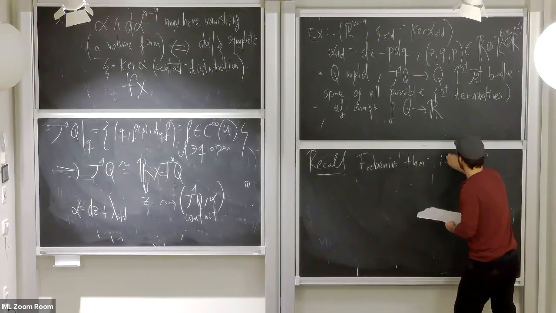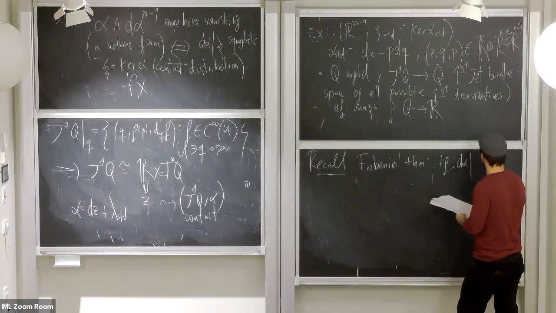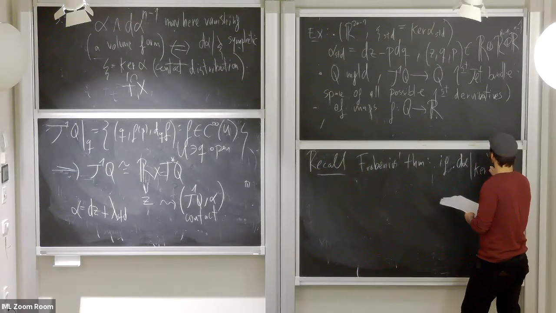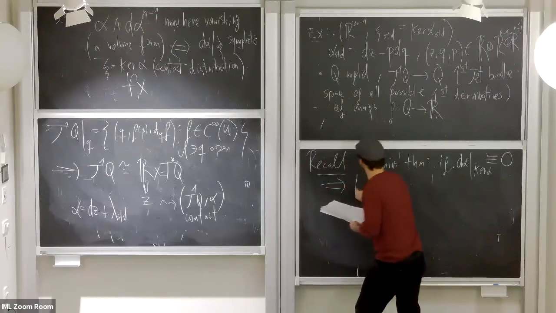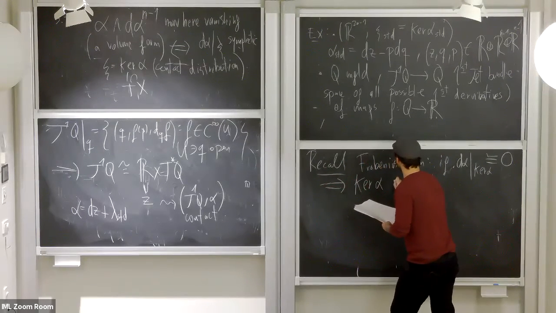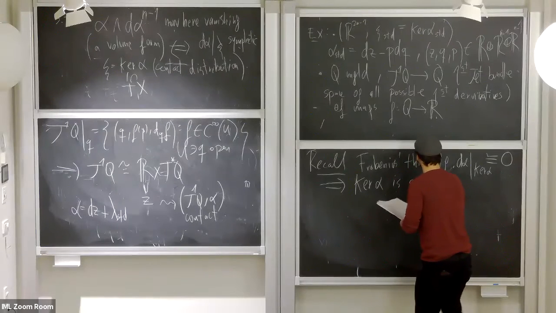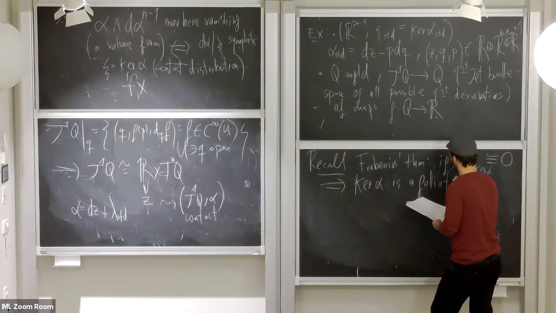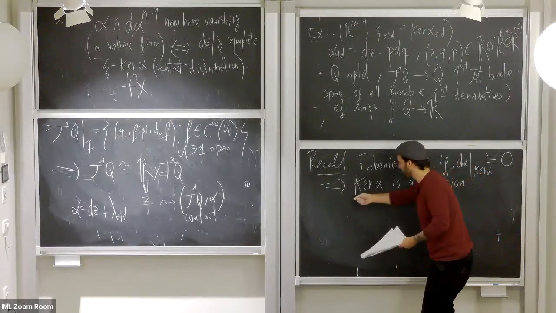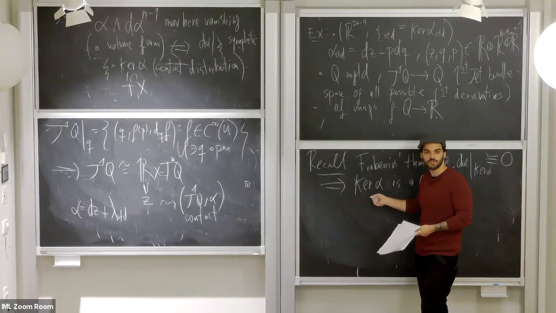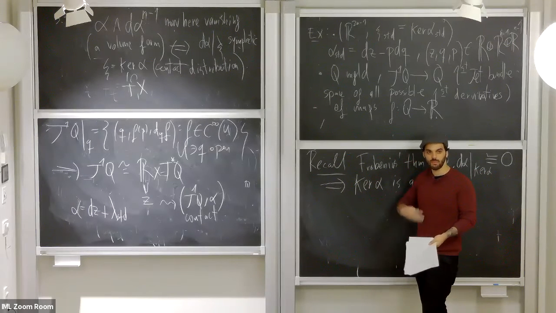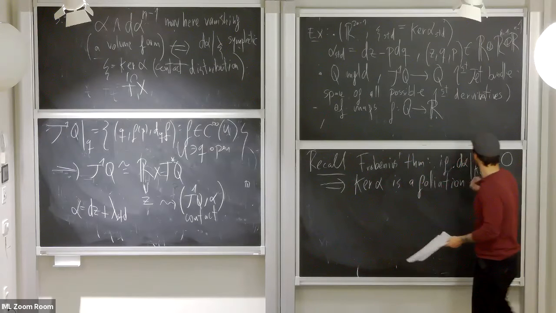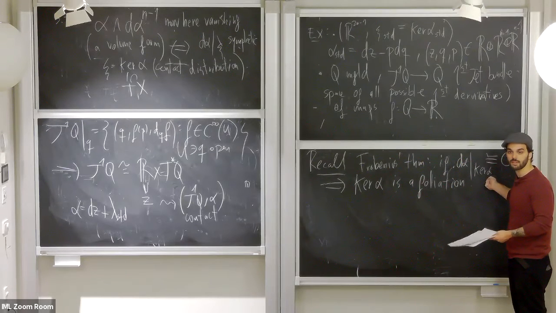If the derivative of alpha restricted to the kernel of alpha is vanishing, then the kernel of alpha is a foliation. In other words, I can integrate it. This on the nose is a codimension 1 distribution of the tangent bundle, and I can integrate it to a foliation on the manifold if this condition holds. So this is a very classical theorem.